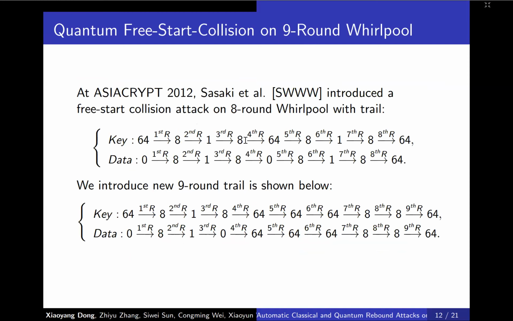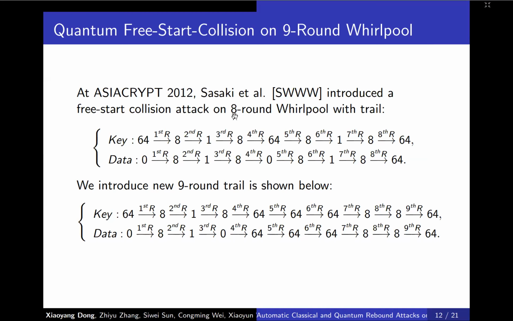And we also find a 9-round Whirlpool collision. In previous work at Asiacrypt 2021, Sasaki introduced the 8-round trail.